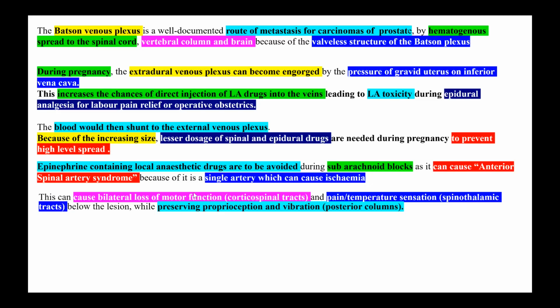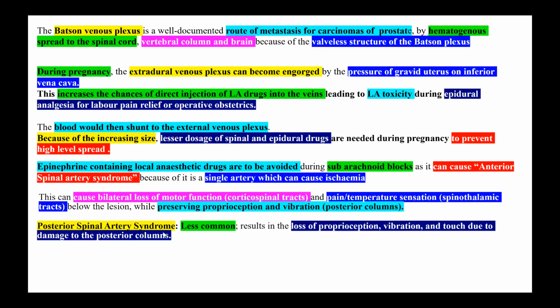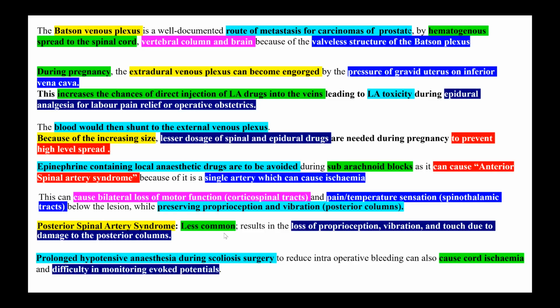So anterior spinal artery syndrome is mostly motor and sensory function loss, not position sense or vibration. And posterior spinal artery syndrome, which is less common, results in loss of proprioception and vibration, due to damage to the posterior column. But the patient may have a normal motor system.